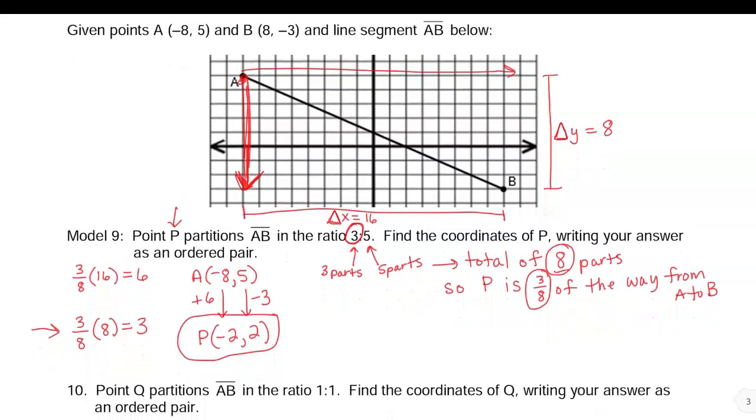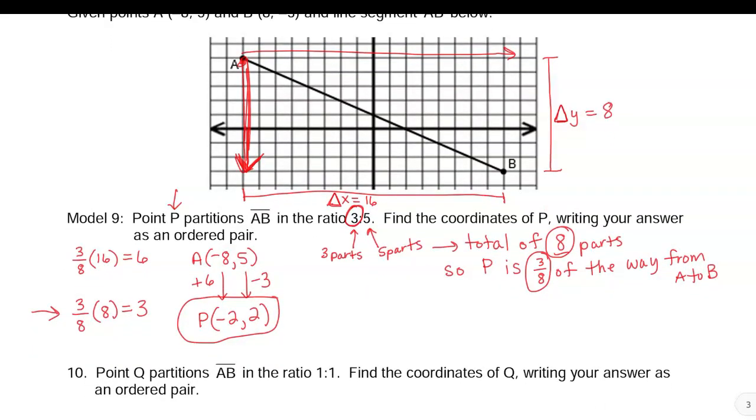Okay, we'll do that again. Now in number 10, partitions in a ratio of 1 to 1. So that's 1 part to 1 part for a total of 2 parts. So when you go to make your fraction, the 2 goes on the bottom and the first number goes on the top.